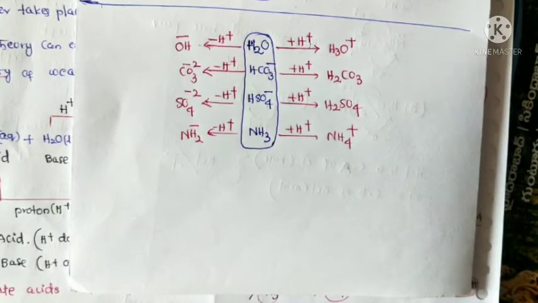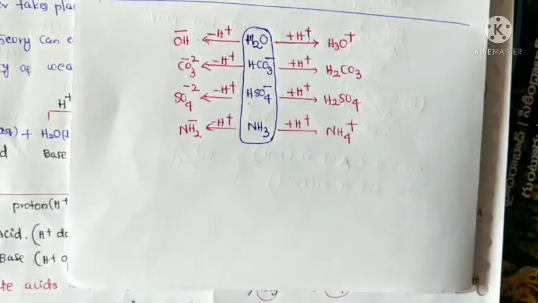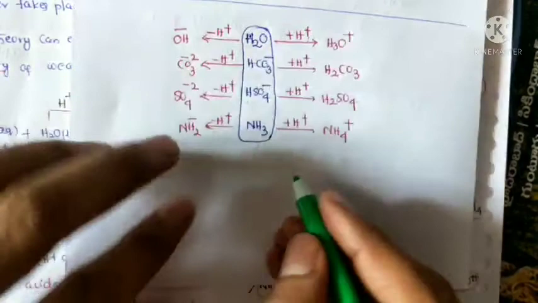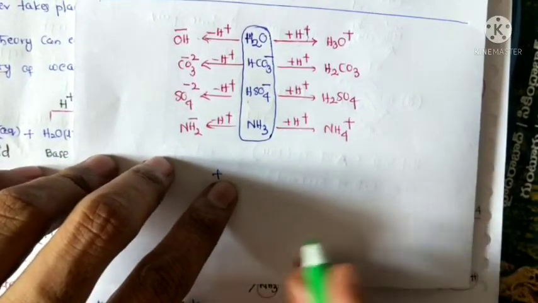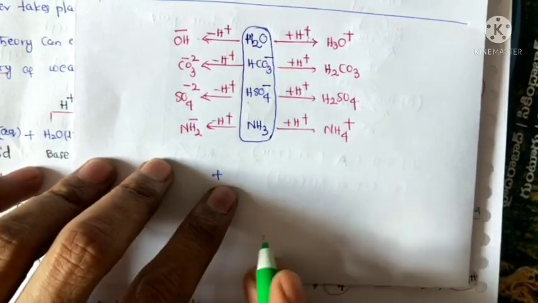So here is a simple trick. It may not always hold, but it can be easily understood: a compound containing a positive charge we can determine to be an acid.